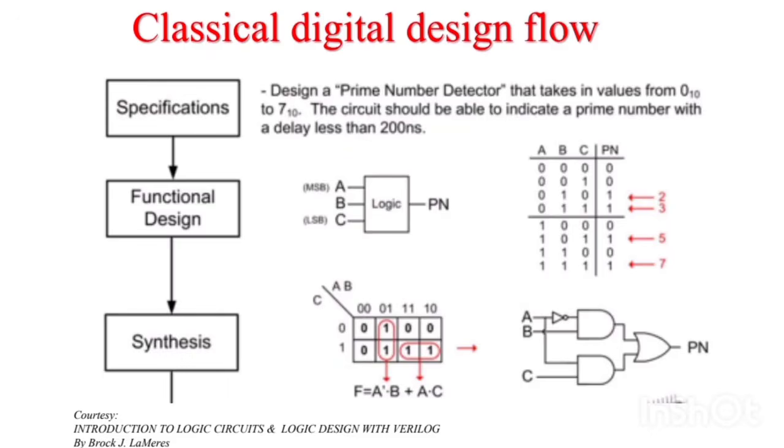The third step is synthesis, that's about getting a netlist, that is, the components used and their interconnections should be obtained from this step. As shown, a K-map or Karnaugh map is used to indicate the reduction process. Then the resulting gate level circuit is shown towards the right side.